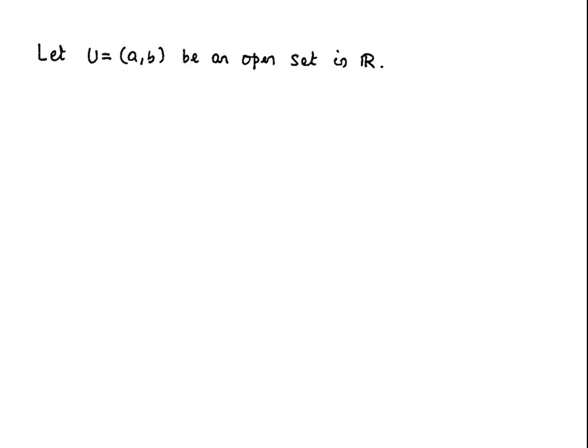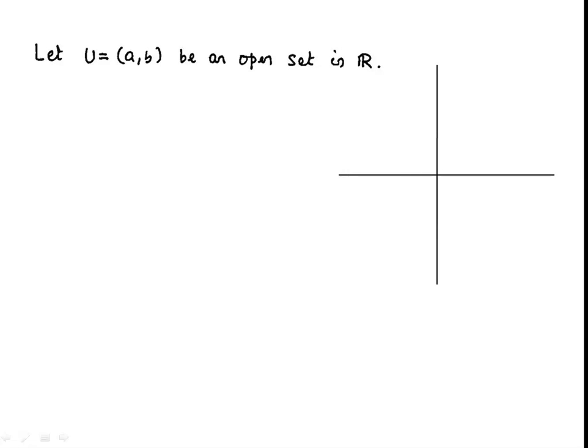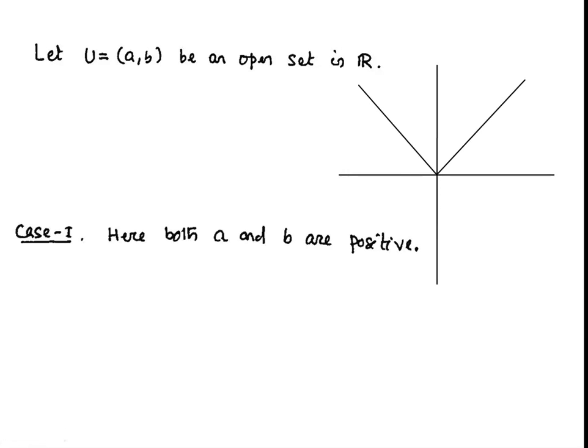Let U is equal to the open interval AB be an open set in R. Now let us check the first case. In the first case, both A and B are positive. Here we have the open interval AB, which is lying above the origin. That means A and B are positive.